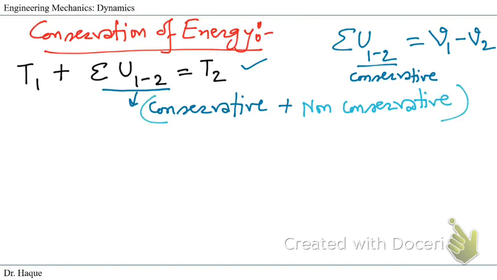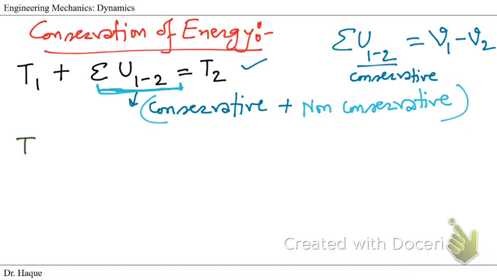So this U from the work and energy principle includes both the conservative work and the non-conservative work. So we can write this equation in this form.